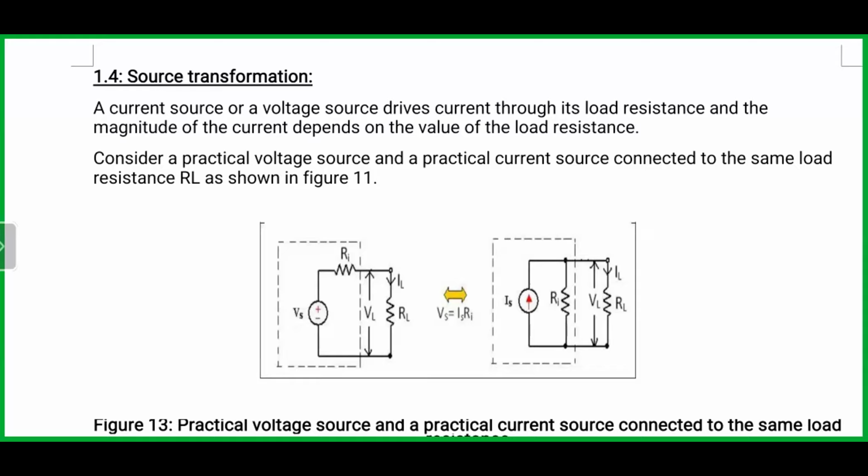That's why it is reading in kilowatts. You understand? When you go to the meter, you see that it is measured in kilowatts. That is power. Power is equivalent to voltage times current. So it is taking both the voltage and then the current.